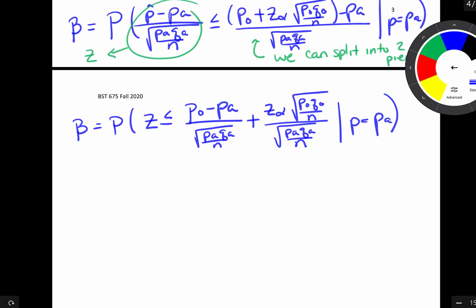Now notice at this point when we look at beta and we look at this probability, there are no P's left in here, and that's because we've already basically incorporated that condition that P is equal to PA.